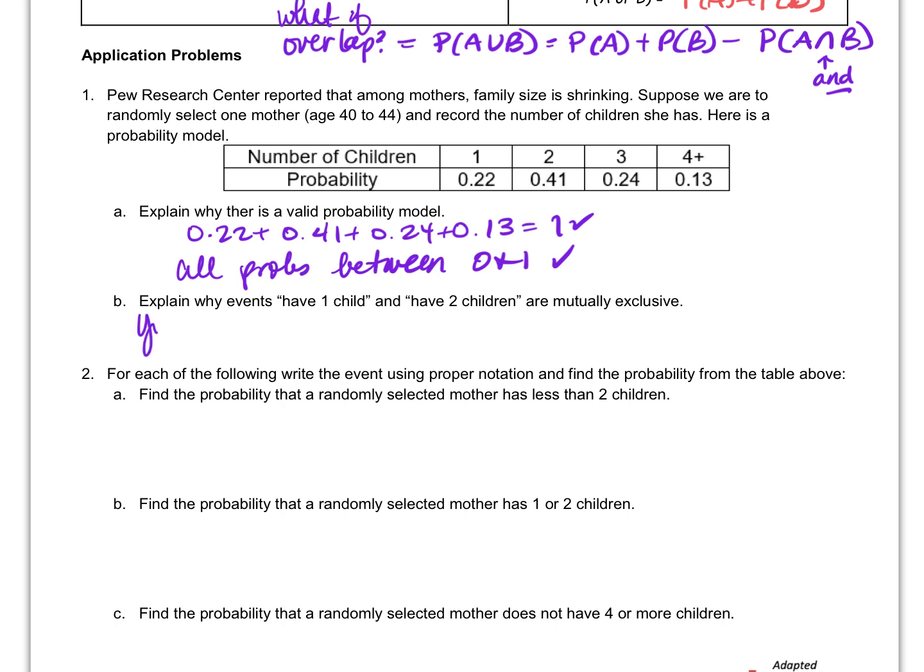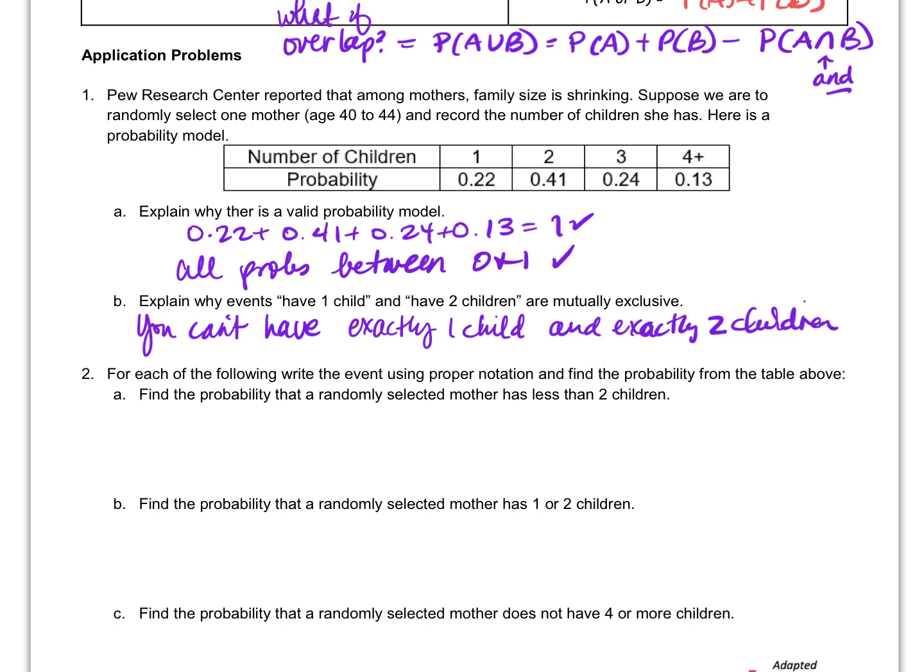Okay, so you can't have exactly one child and exactly two children at the same time. Alrighty?